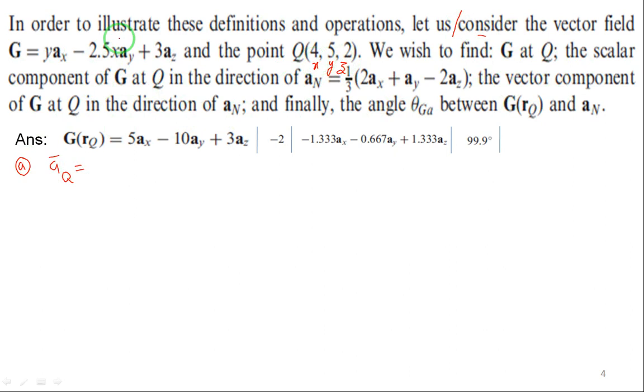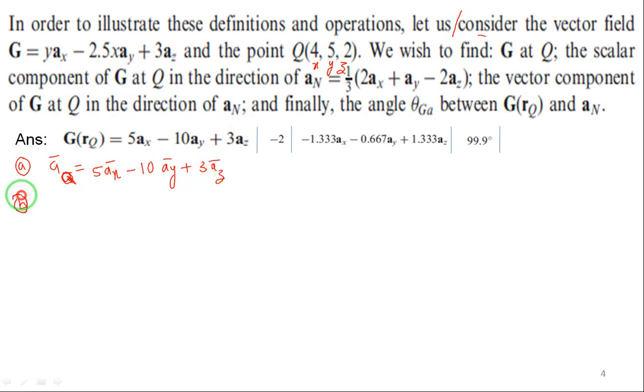Substitute the values of x, y, z in the given vector G. So G vector at point q is y, which is 5, 5 ax minus 2.5 into x, x is 4, so 4 into 2.5 is 10, minus 10 ay plus 3 az. So part A is over. That is G vector at point q.